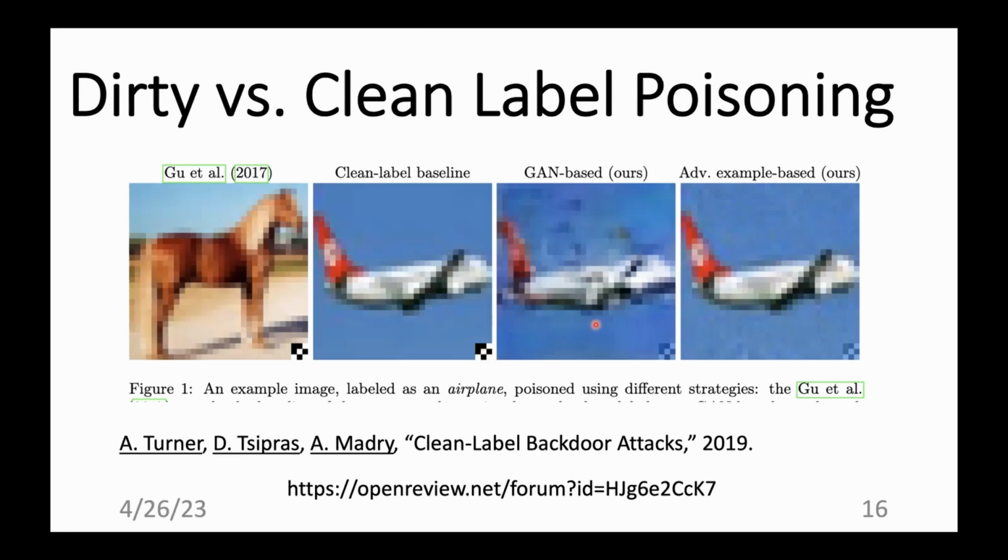But to obtain this behavior, you only inject into the training process perturbed airplane pictures. So by using these perturbed airplane pictures, you make the resulting model learn a hypothesis that also predicts then airplanes for horse pictures, which have this trigger pattern here.